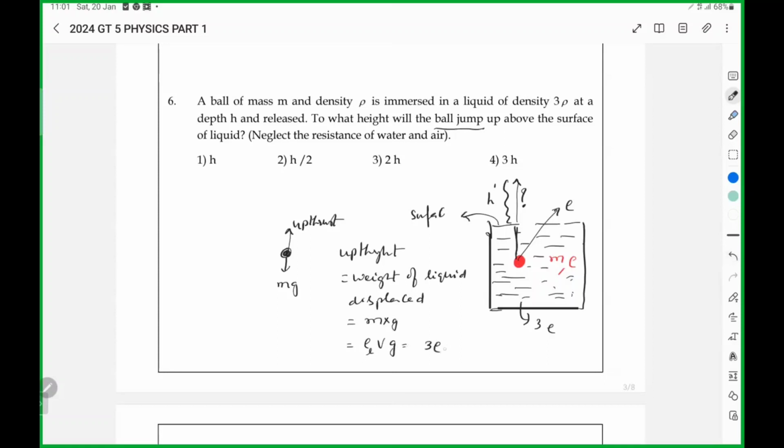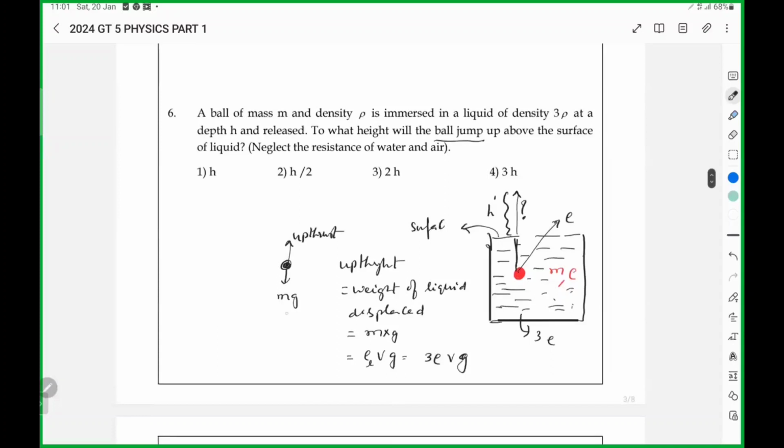The density of the liquid is 3 rho. This is the upthrust, but the weight here is V rho g. The upthrust is more than the weight. It moves upwards.